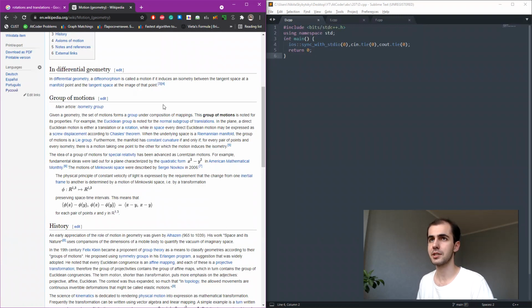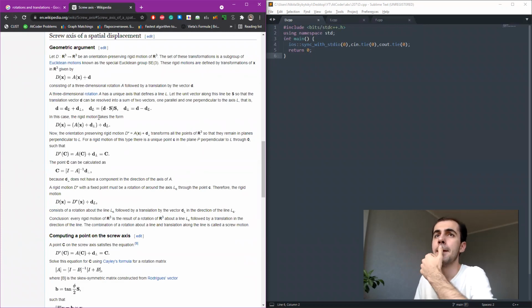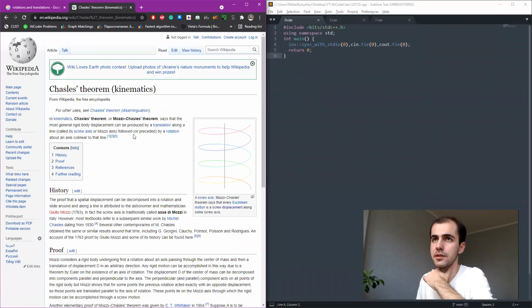Because I remember that they form a group of some. Yeah, sure. Oh, okay. Screw displacements. Cool. Dude, can we please talk about the plane and not just some abstract stuff? I remember Chasles' theorem about something.